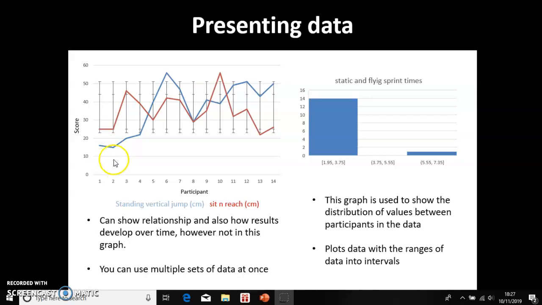You can see that for number 2 they scored around 15, and for participant number 3 they scored 20, and it's visually easy to see, and we can also see that these SD bars, standard deviation bars, have also been added.